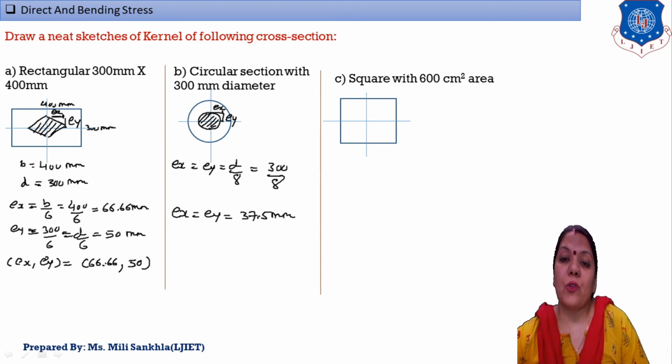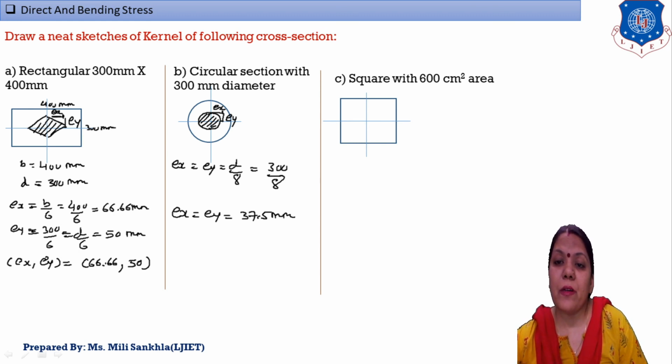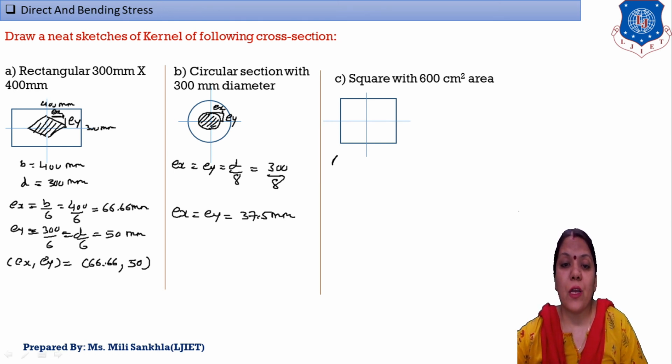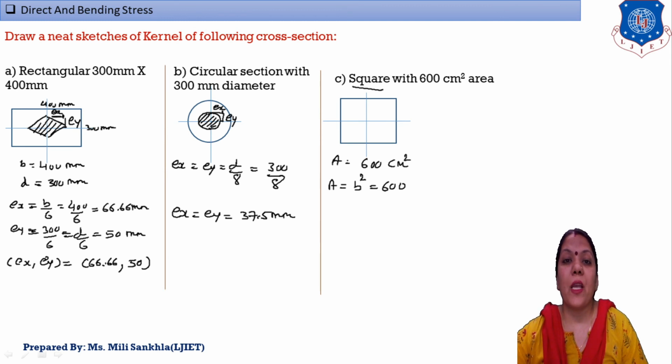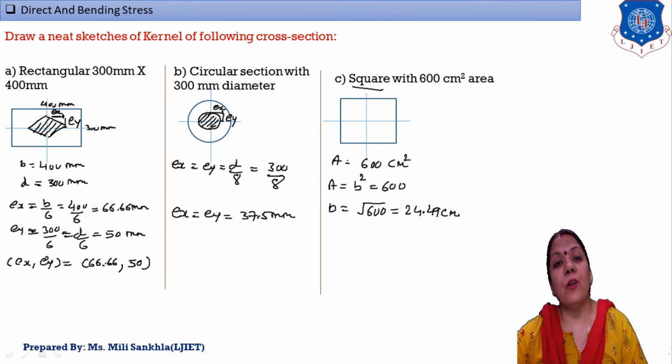Now a square with 600 centimeter square area. Here the area is given and the section is square. First of all write down area is equal to 600 cm squared, and this is our square figure. Area of square is B squared, equal to 600. For finding B, B is the square root of 600, which is 24.49 centimeter. Here I get the value of the side.